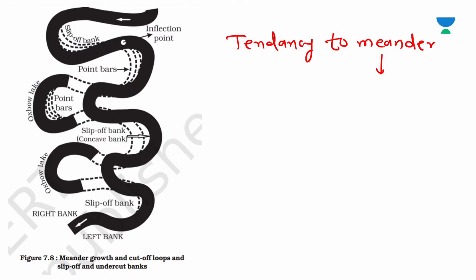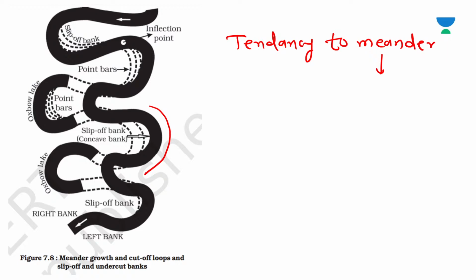Now normally in meanders of large rivers there is active deposition along the concave bank and undercutting along the convex bank. Yes.